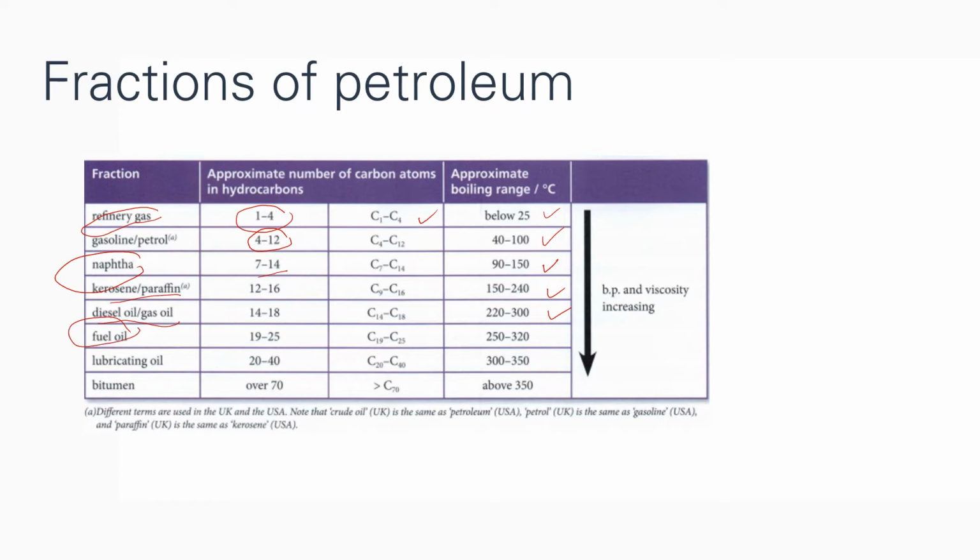Fuel oil has 19 to 25 carbon atoms, and then the boiling point is 250 to 320. Lubricating oil has long carbon chains of 20 to 40, so the boiling point is also high, 300 to 350 degrees Celsius. The last is bitumen, with a boiling point above 350, so this will stay at the base of the tower. The number of carbon atoms is over 70.